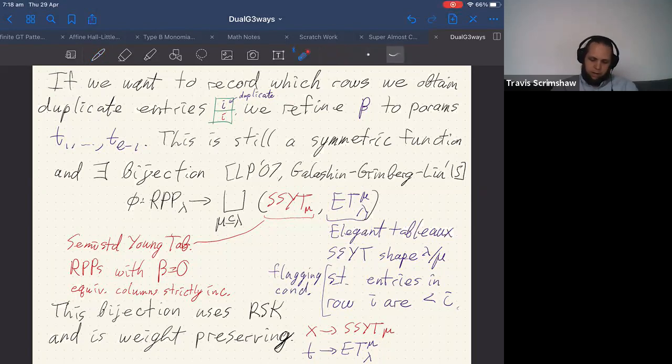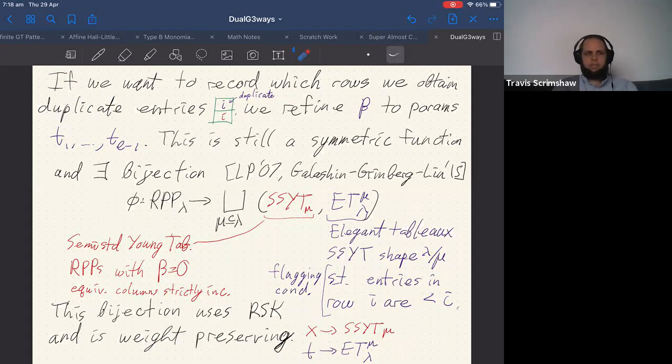And as part of their bijection, you can go through and check that the x parameters are given by the weight of the semi-standard Young tableau, and the t parameters are given by the weight of the elegant tableau. And this uses this bijection called RSK.